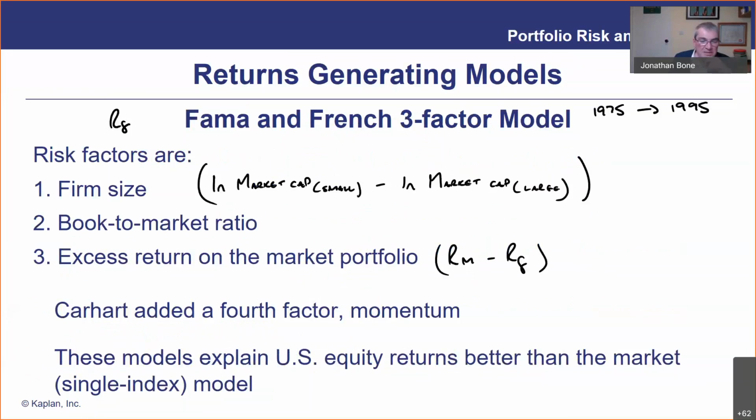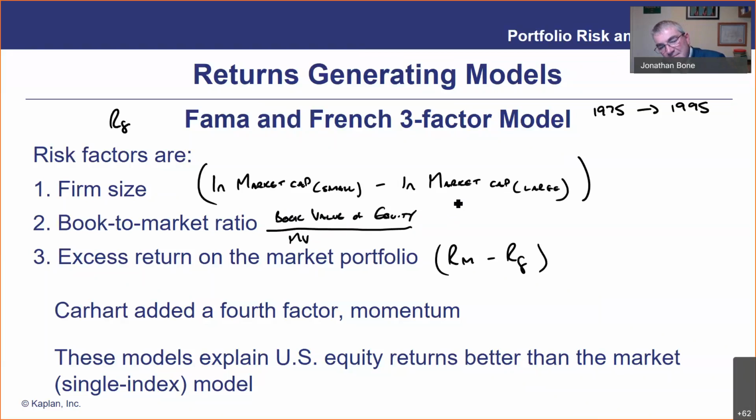The next one they did is they then said, of all of the various relative valuation multiples that we encounter, the key one is book to market. Now, book to market is just the book value of equity over market value of equity.